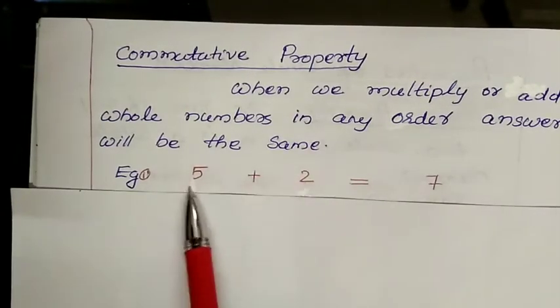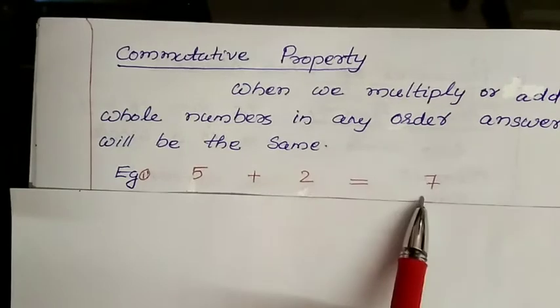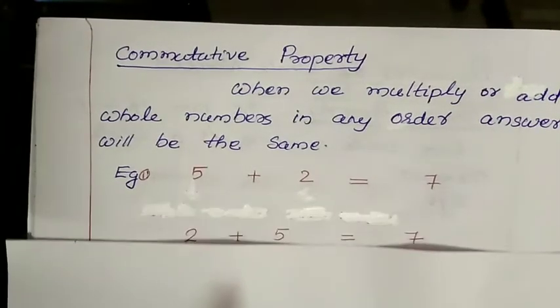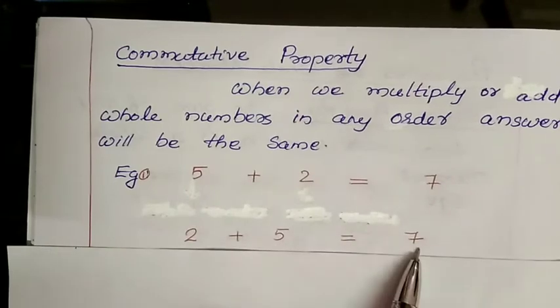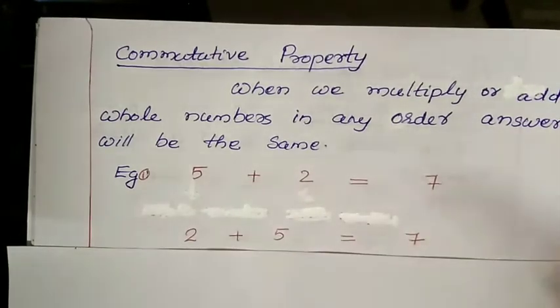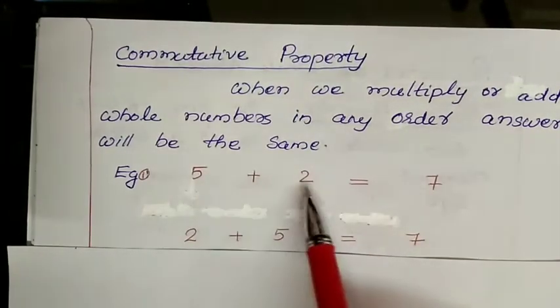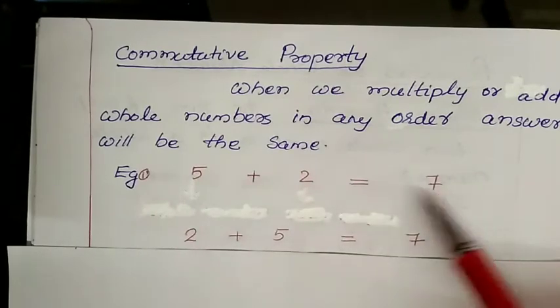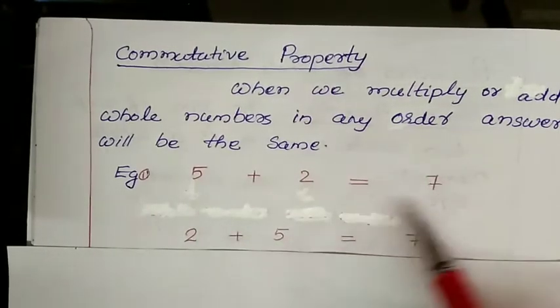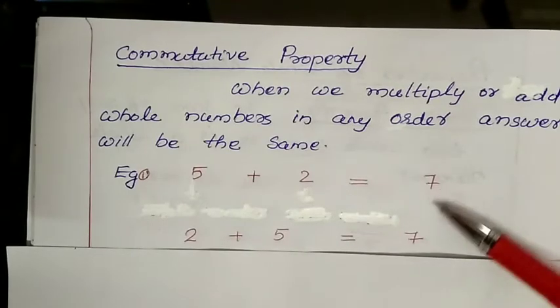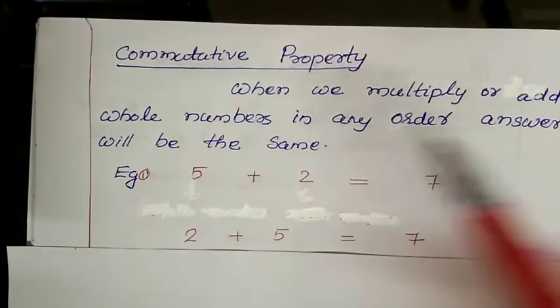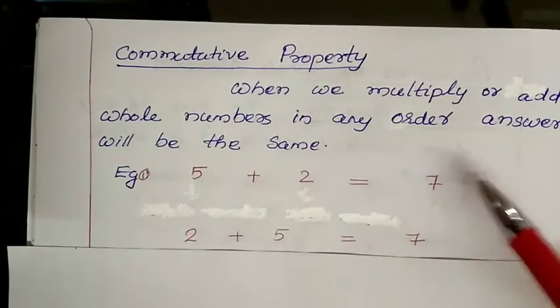For example, here are two whole numbers, 5 and 2. Their sum, 5 plus 2, is what? 7. Then what is 2 plus 5? That answer is also the same. So when we add two whole numbers and change the order, the answer is the same.